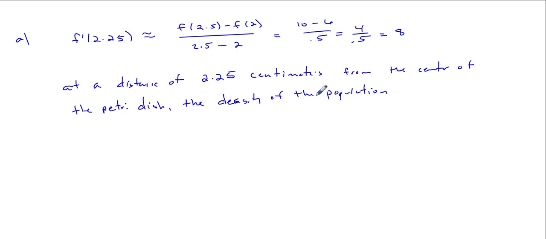I forgot to say bacteria population, so you could just cross that out and go bacteria population. That's fine. The density of the bacteria population is increasing.